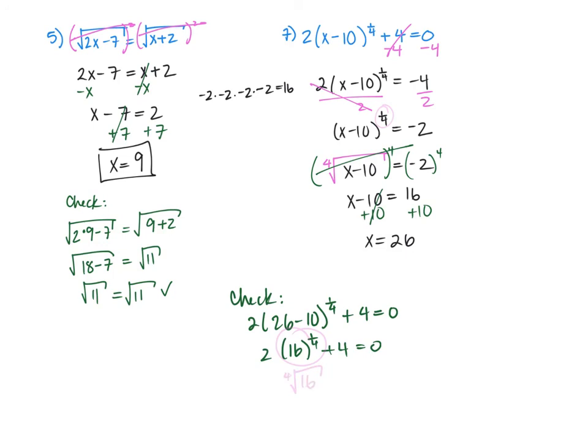Because in this case, the denominator is 4. The 2 comes down as it is, and I'll multiply that with the 4th root of 16. So the 4th root of 16, what number multiplied 4 times gives you 16? Well, I just saw that a moment ago. Apparently, it's 2. So in this case, I'm just going to use a positive 2, bring down the other 2 and multiply it.